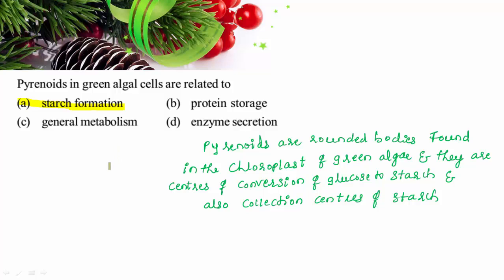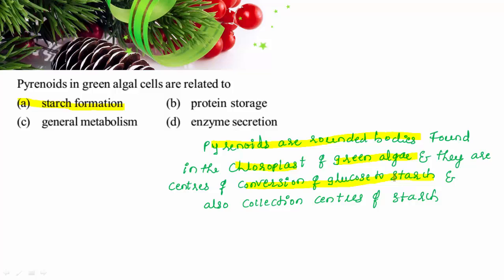What are pyrenoids? These are the rounded bodies found in the chloroplast of green algae. They are the centers of conversion of glucose into starch. So the glucose molecule is converted into starch. Starch is a polysaccharide.